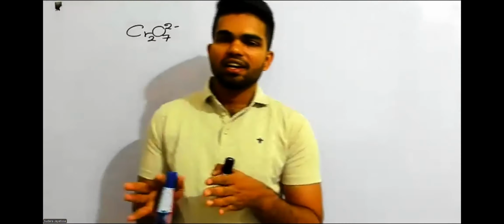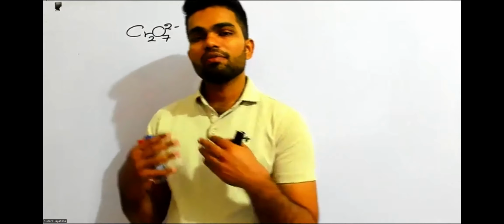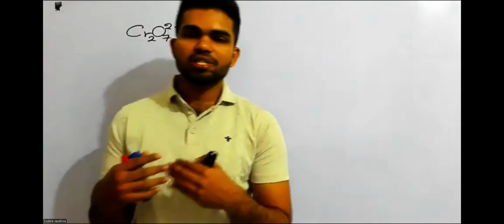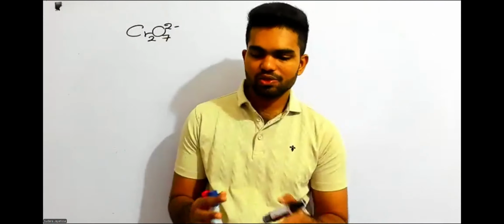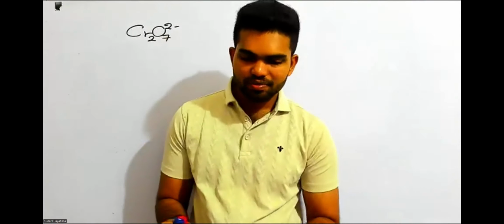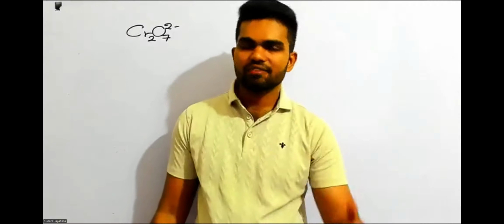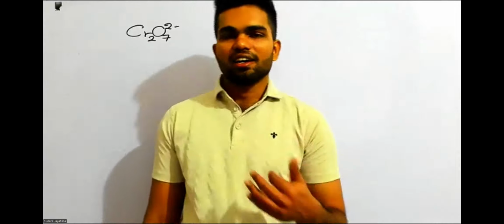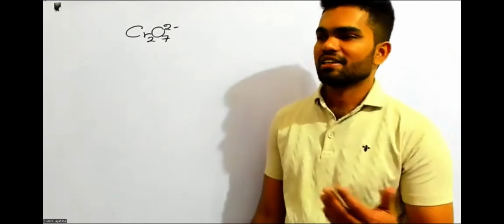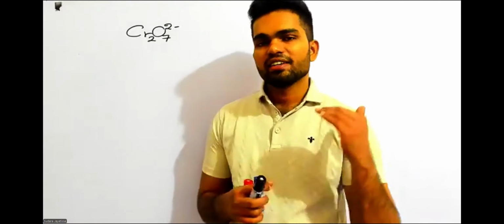But in this reaction, you will notice when we balance, H+ is added in acidic medium and water molecules are added. Those are not given in that equation, so you are not supposed to balance that one with inspection. Understood? Just have some idea. Later, with practice, you will identify it exactly. But right now, just remember oxalate and dichromate are in redox reactions.